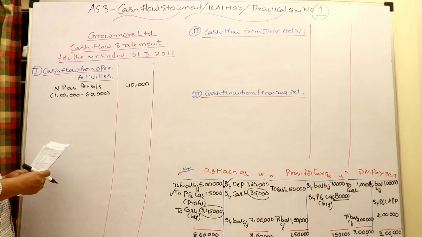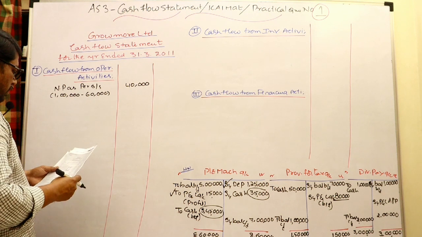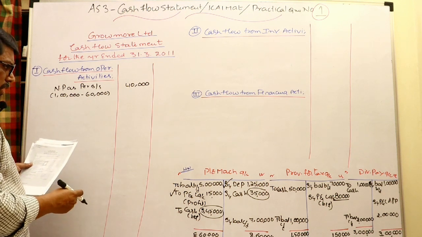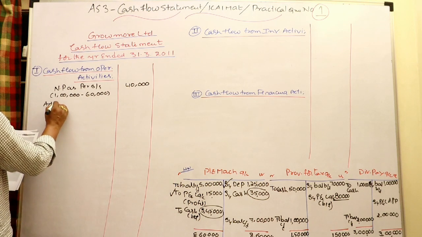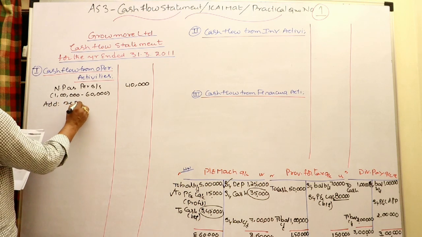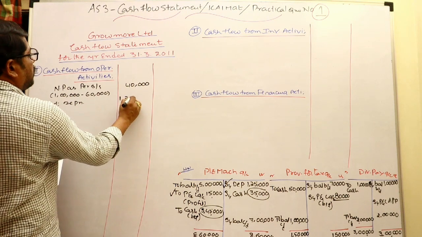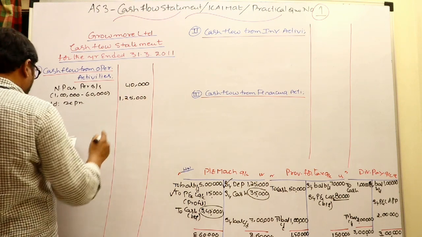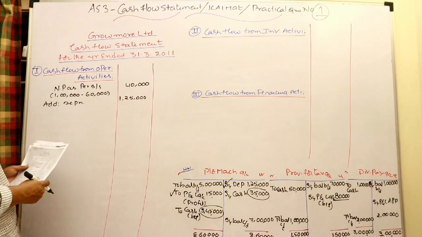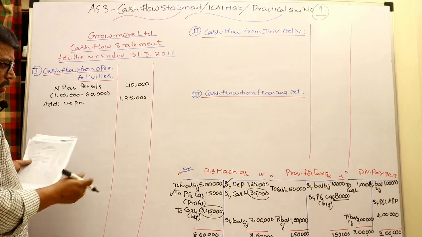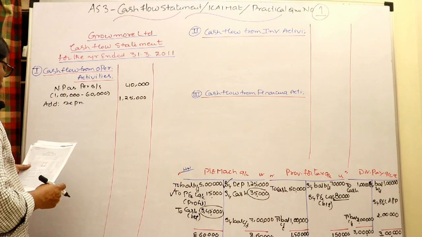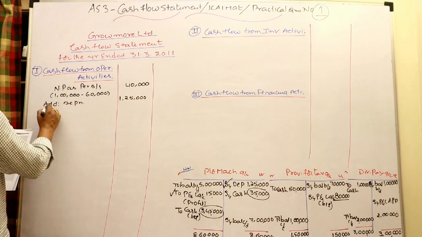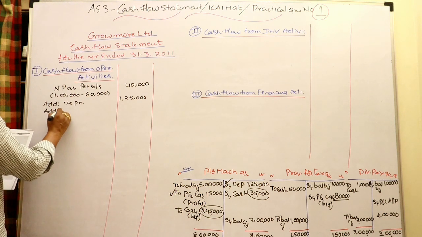Add back depreciation and amortization. Depreciation is very clear: add depreciation on fixed assets, 1 lakh 25,000. Amortizations: no amortizations are there. Non-cash items should also be added back, that is, provision for tax. Tax paid should be deducted.